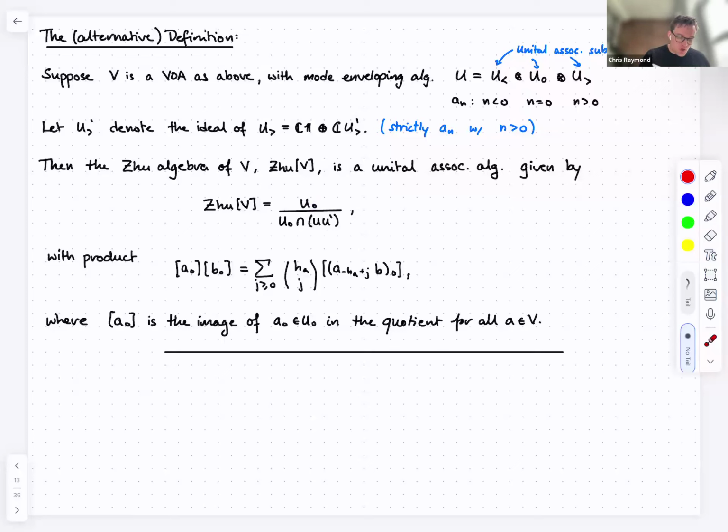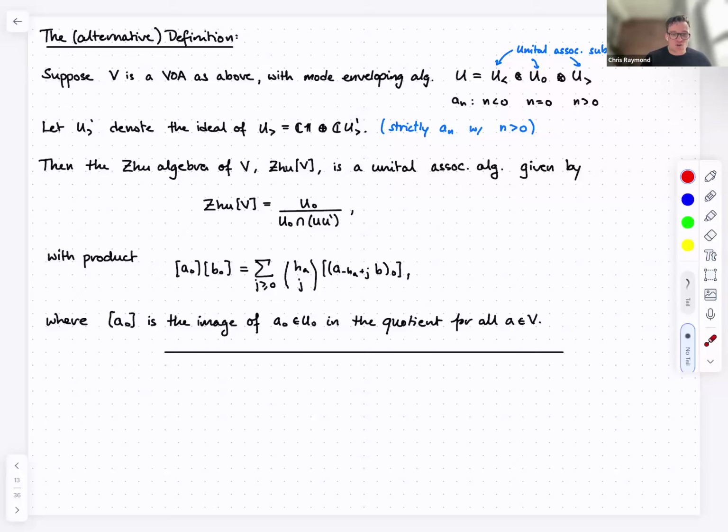And what we want to do is put a product on here, which is the product that we had on the previous slide. If I take the product of two of my zero modes, which are things that live in this space, then I want to have this right-hand side. And really, I haven't done anything to that right-hand side because the structure of it is going to be V dependent. It's going to matter what type of vertex algebra I have.